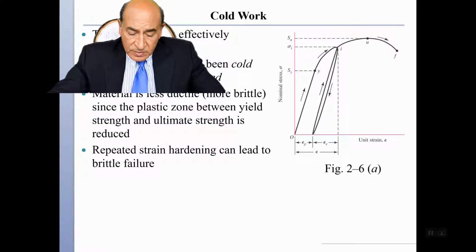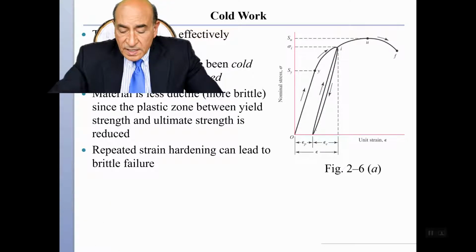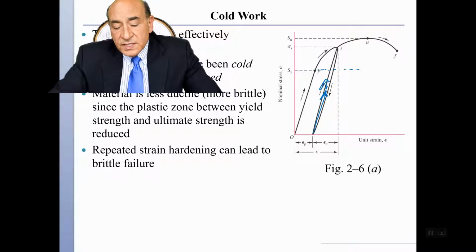So if we now apply the load on the upcycle, the material actually does not yield at the original yield point. It continues to be linearly elastic all the way up to where it came from. And it came from a stress value or a strength value that is sigma I. So it goes back to sigma I, and beyond sigma I, it starts to deform plastically.